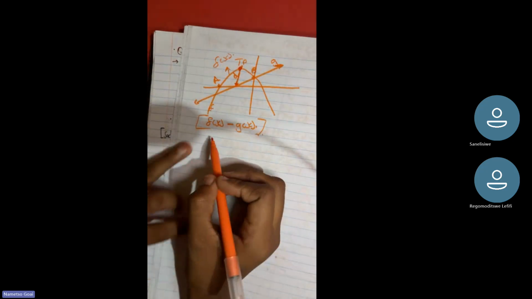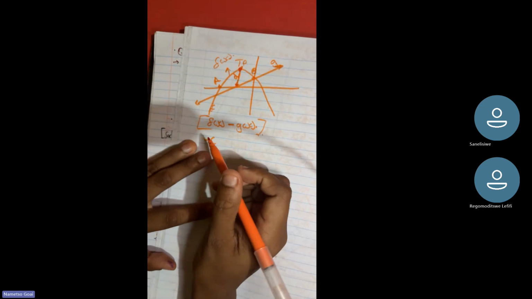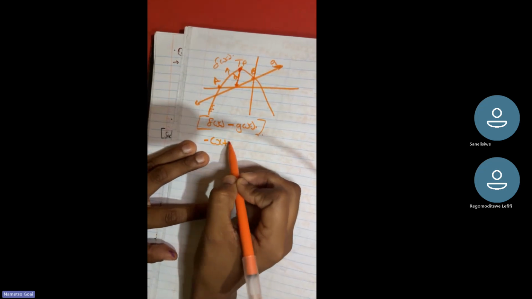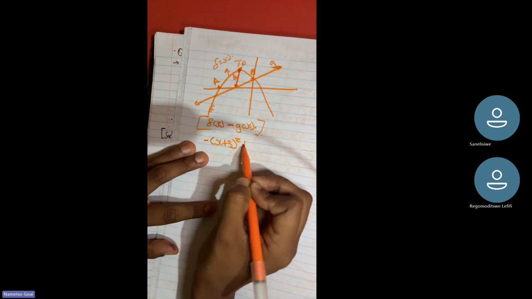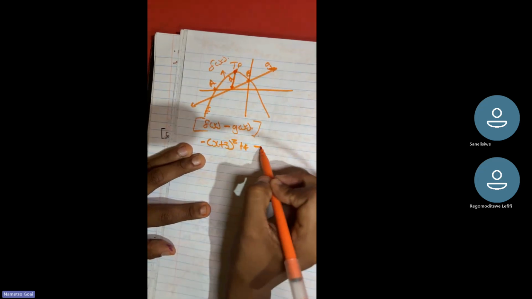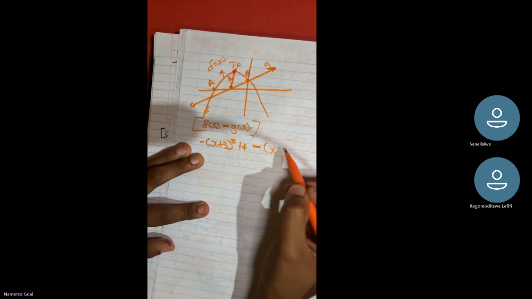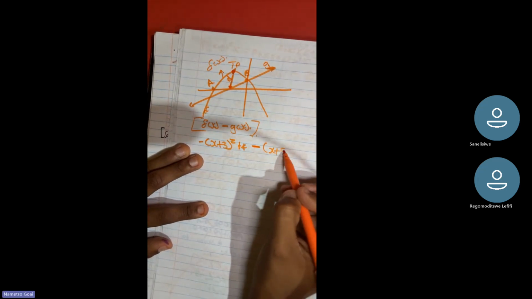So the maximum distance in this case will be what? What is our F of X? It was negative X plus 3 squared plus 4, minus X plus 5.